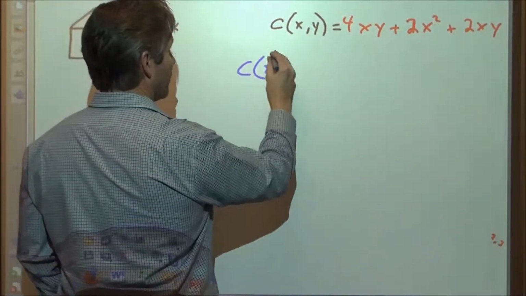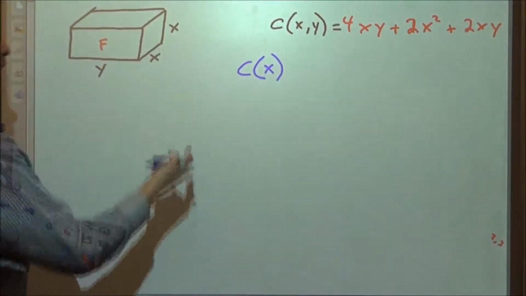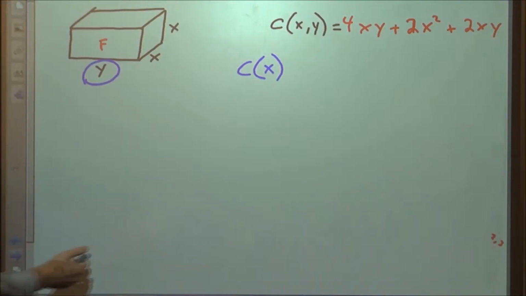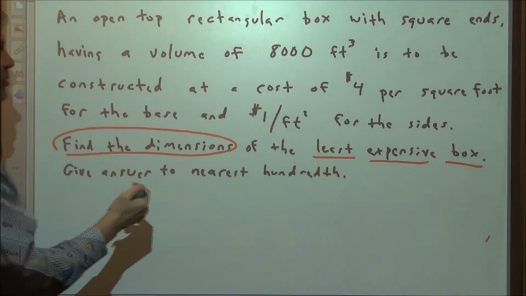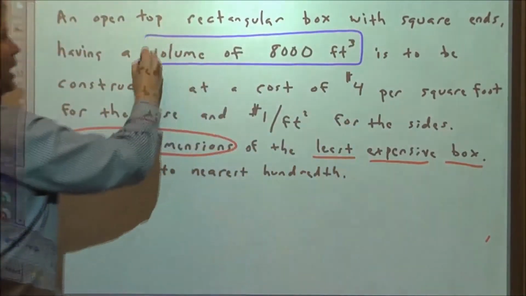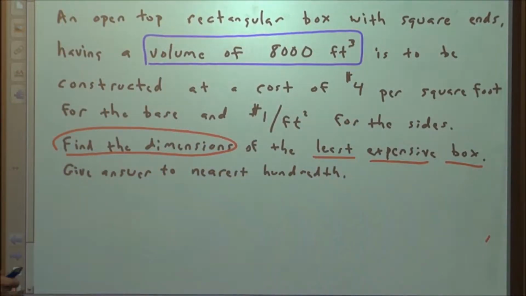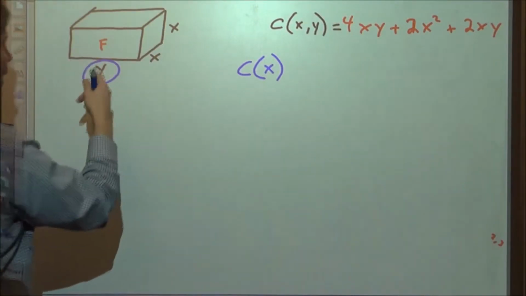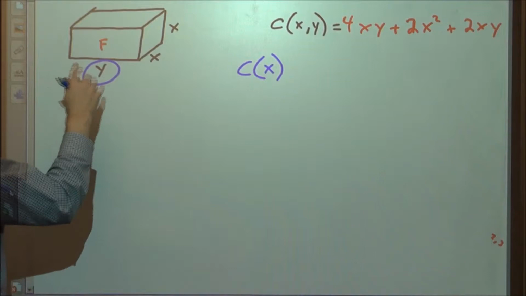So we want a cost function involving x, but what we're going to have to do then is find a way to represent y in terms of x. So we go back to the original problem. Where's that information? Well, that's right here. The total volume of the box is going to be 8,000 cubic feet. So we go to that information about volume.